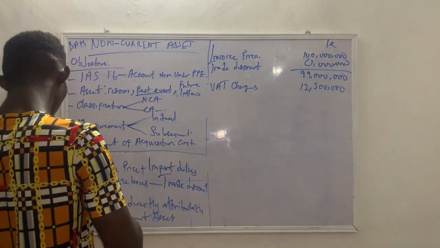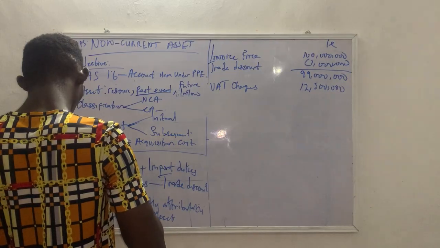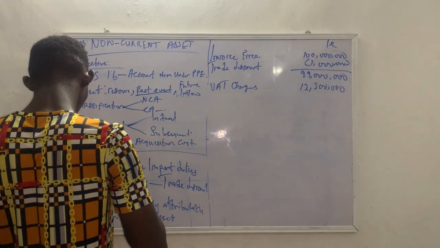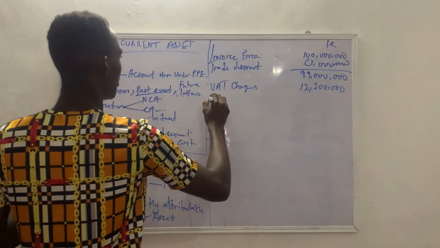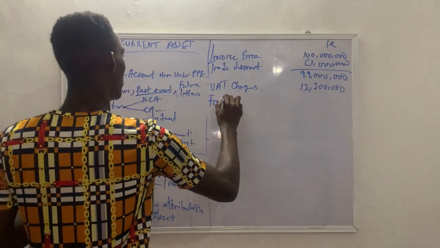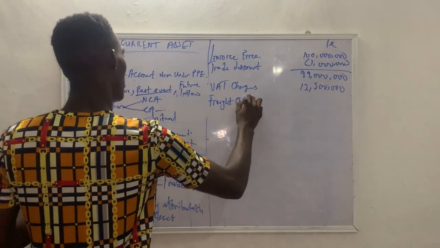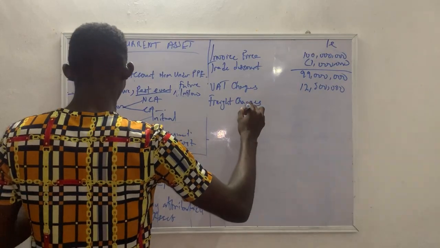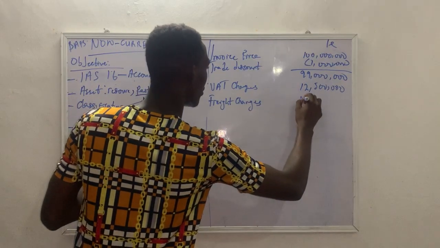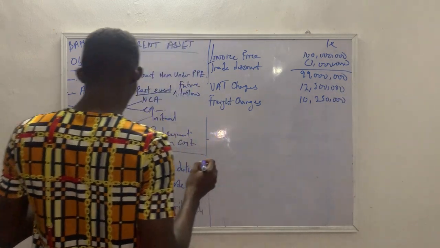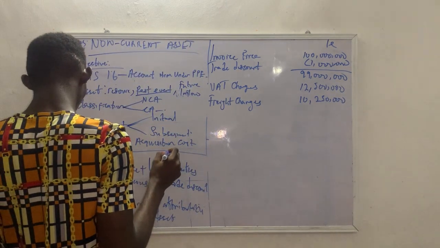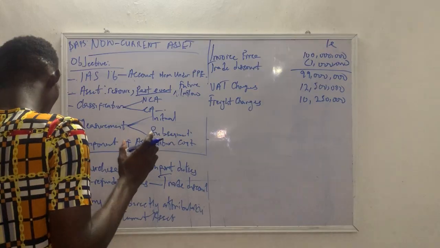Then what's next? We will add our freight charges. How much? 10.25 million. Then what's next? Cost of installation.